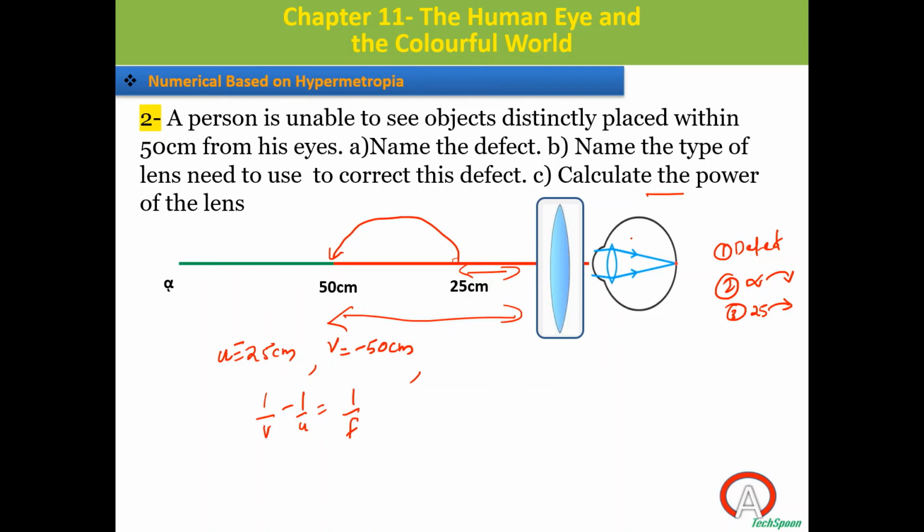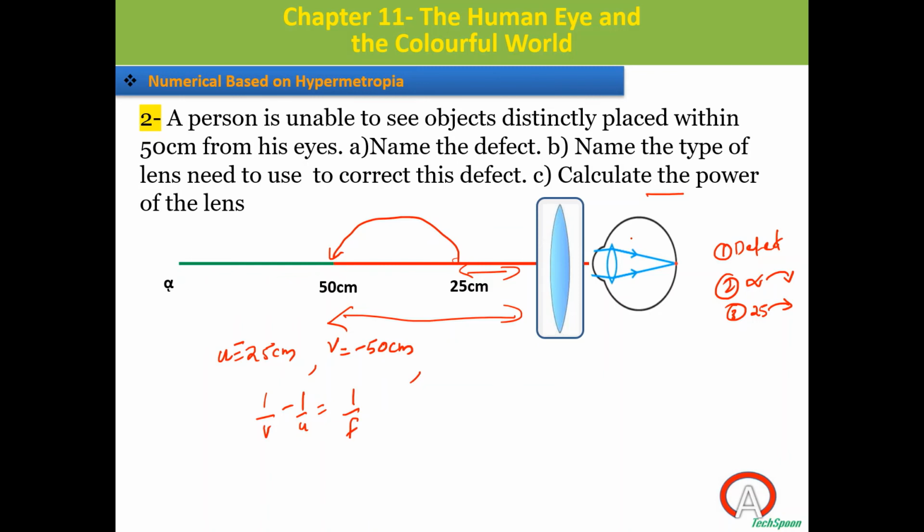Actually, in the case of myopia, which point is shifting, near point or far point? Far point, right? Far point means long distance, infinity, where normally we can see. But that will reduce; in the previous question it was 80 centimeter, and beyond 80 centimeter you cannot see anything.